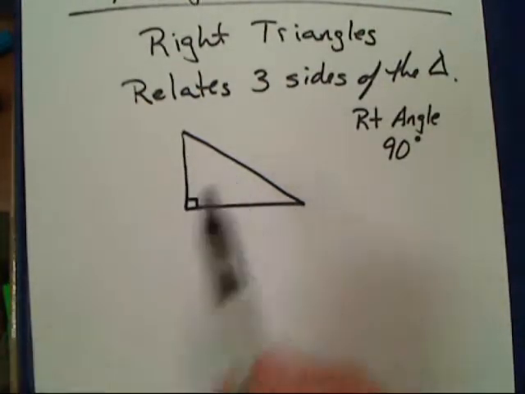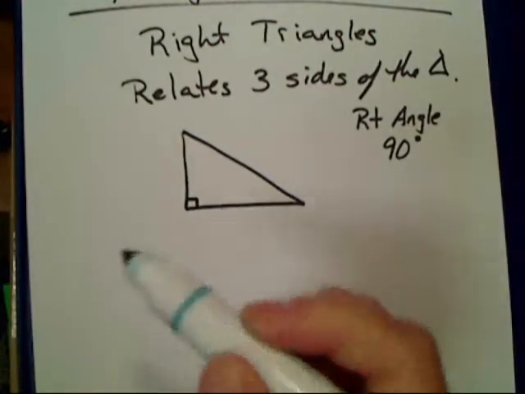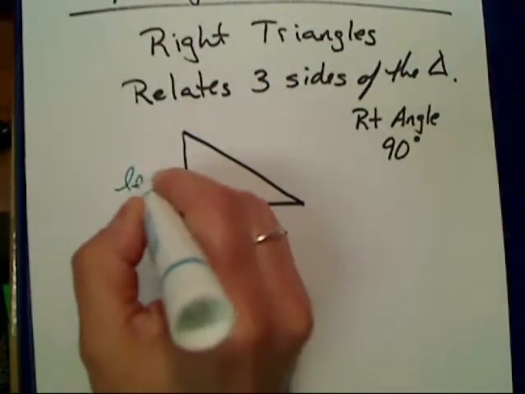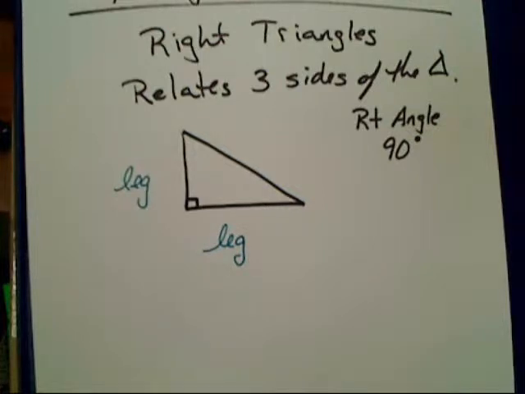So we have three sides of this triangle. Two of the sides, the two sides that form the right angle, are called legs. Once again, the legs are the sides that form the right angle. We don't really care which one is which, because of our formula it will not matter.